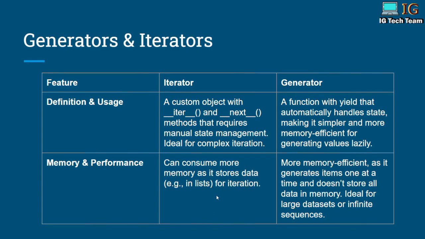If you want to store some data in a list, then it can consume more memory. That means this iterator can consume more memory, whereas this generator can produce data on the fly. So it is more memory efficient.